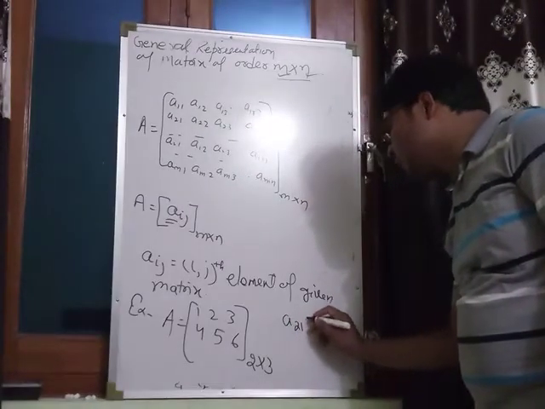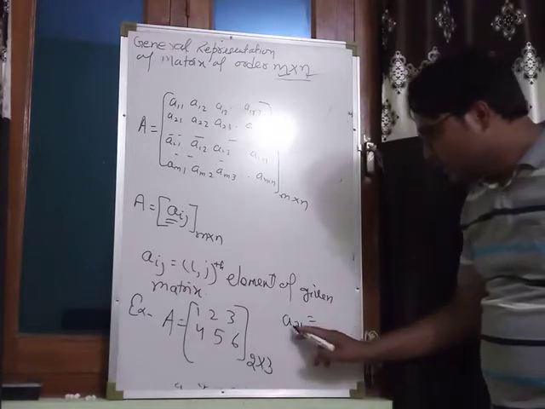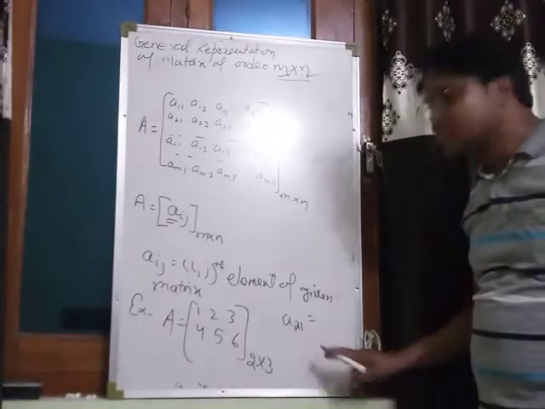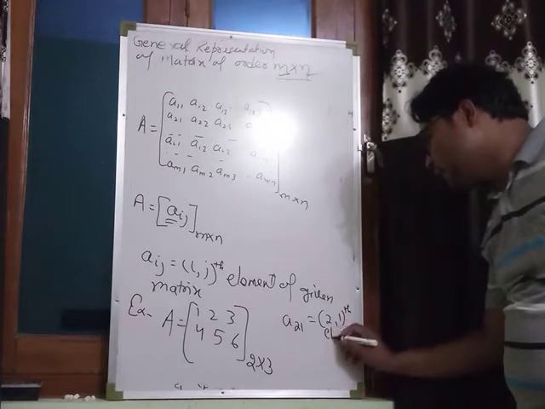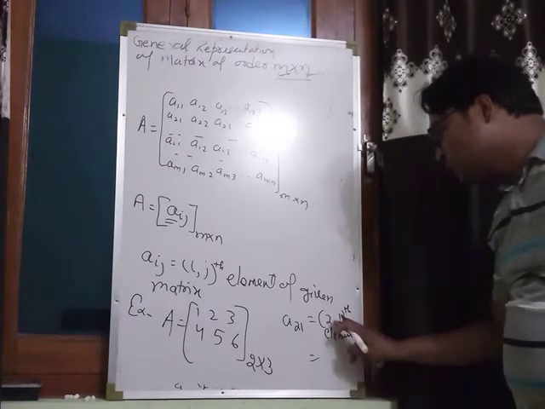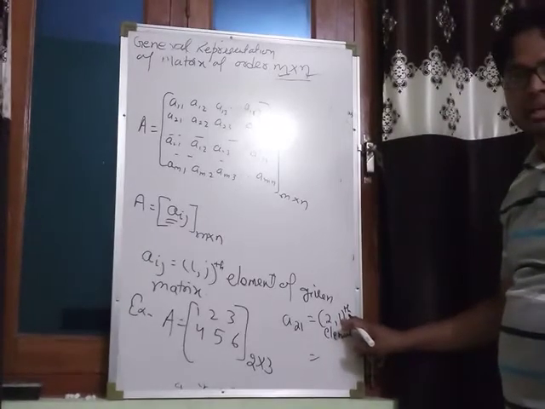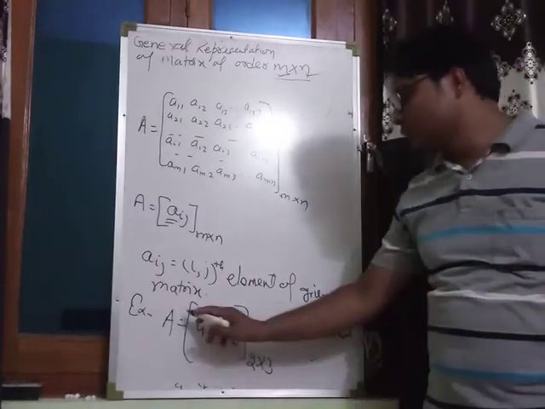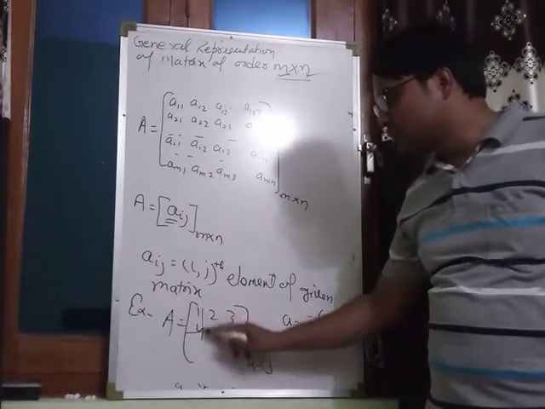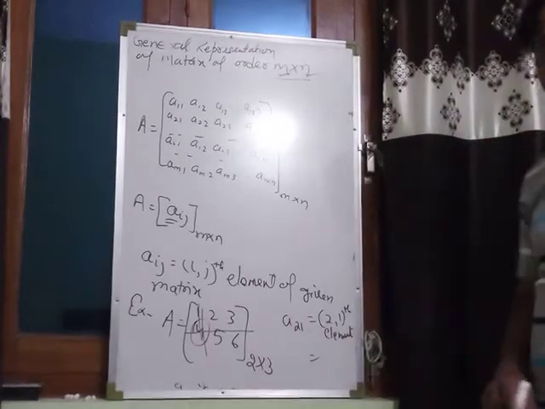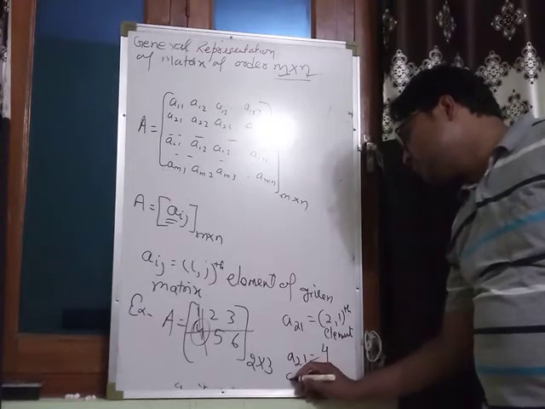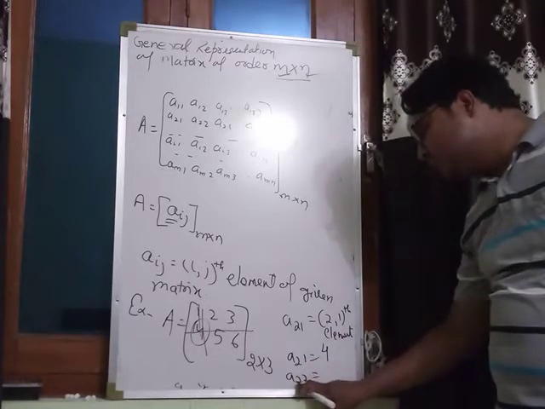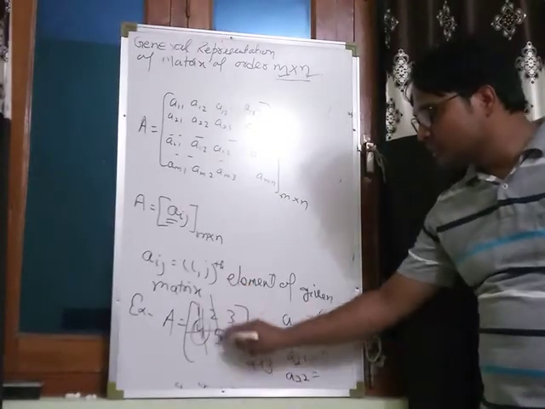If someone asks you to find out A21, it means they want to know which is the A21th entry or element. So which will it be? Second row and first column. See, this is the first row, this is the second row, so the entry in the second row and first column is 4. Okay, second row, first column, that is A21 is 4. If someone asks you to find out A22, means second row, second column. So this one is second row and this one is second column. 5.